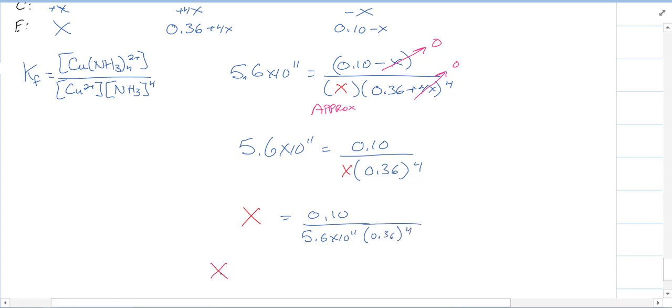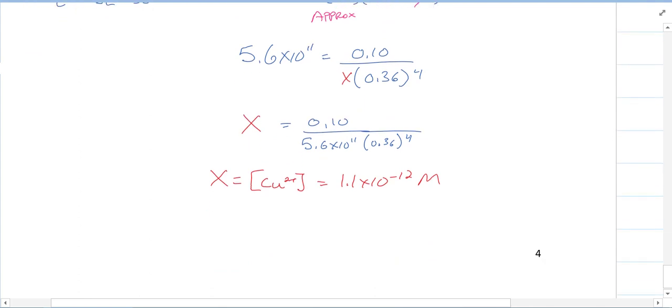So X, which equals my copper 2 ion concentration, is 1.1 times 10 to the negative 12 molar, which is very, very small. However, just so you know, I have half a liter. And in 1 liter, I have 1.1 times 10 to the negative 12 moles.